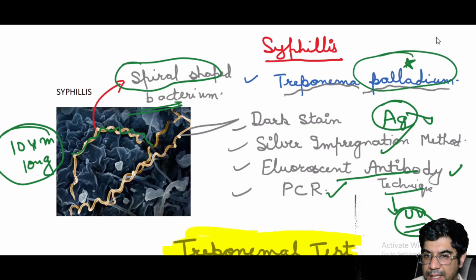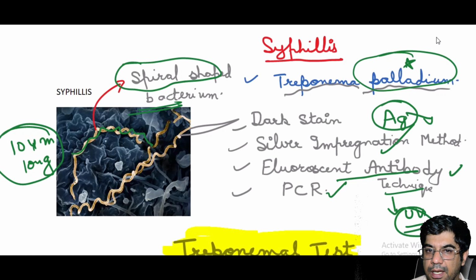Other is fluorescent antibody technique. It involves antibodies labeled with fluorescent dye that specifically bind to the Treponema pallidum antigen, and when exposed to UV light, they fluoresce, making them visible under the fluorescent microscope.